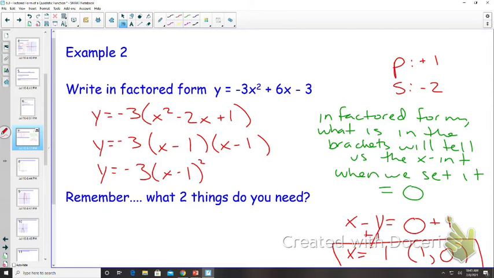And when you see something like this, when it's like x minus 1 squared, you get 2 x-intercepts. How many x-intercepts do you think this has?